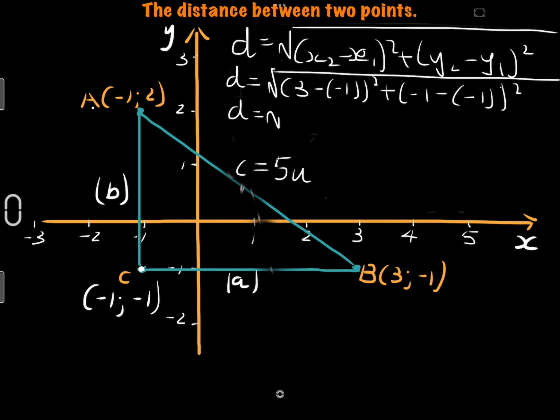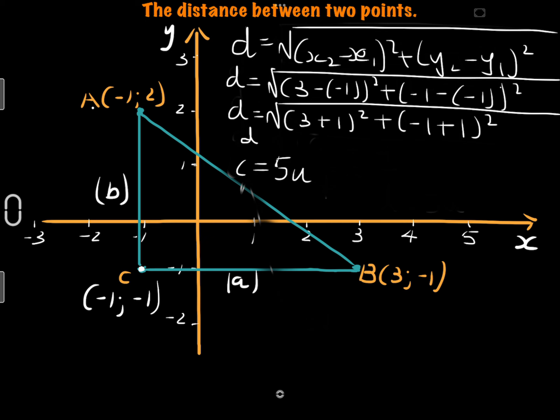The distance is equal to the square root of, by calculations, 3 minus negative 1, we have 3 plus 1 raised to the second power plus negative 1 minus negative 1 gives us negative 1 plus 1 raised to the second power.